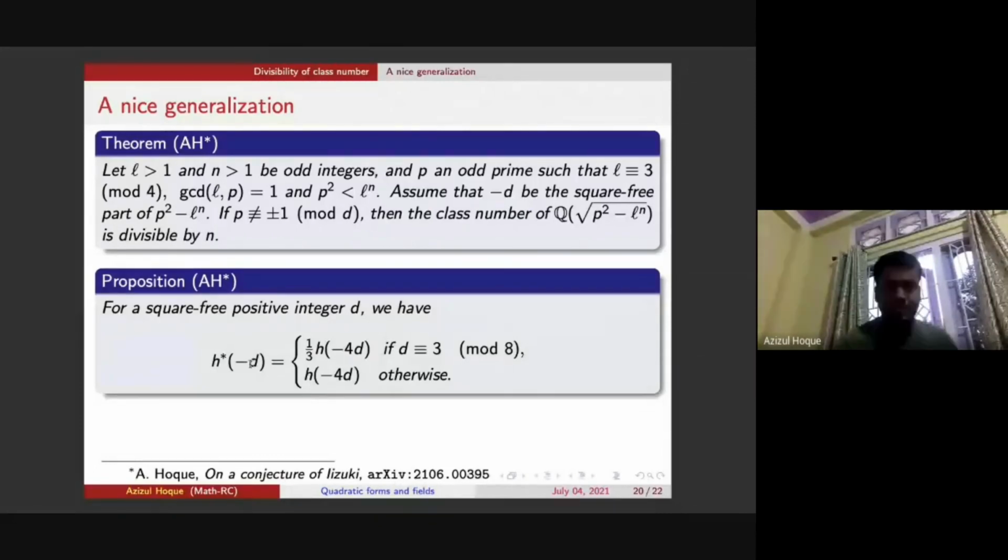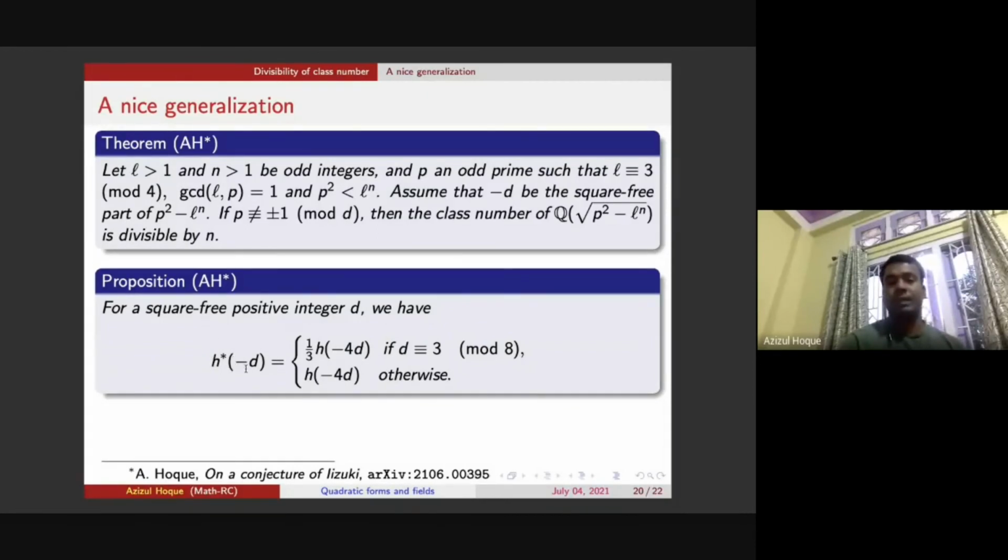It means the class number of the binary quadratic form, and this means the class number of the imaginary quadratic field Q root over minus d. So here we have the class number of imaginary quadratic field, and here we have the class number of binary quadratic forms.